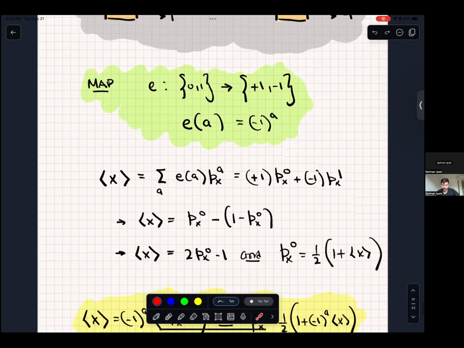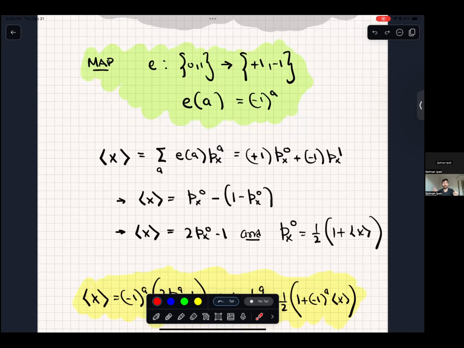Now, the expectation value, in some sense, you could interpret as the most likely value that you would observe in an experiment. You define it quite generally in statistics as the value that you would get times the probability of getting that value.